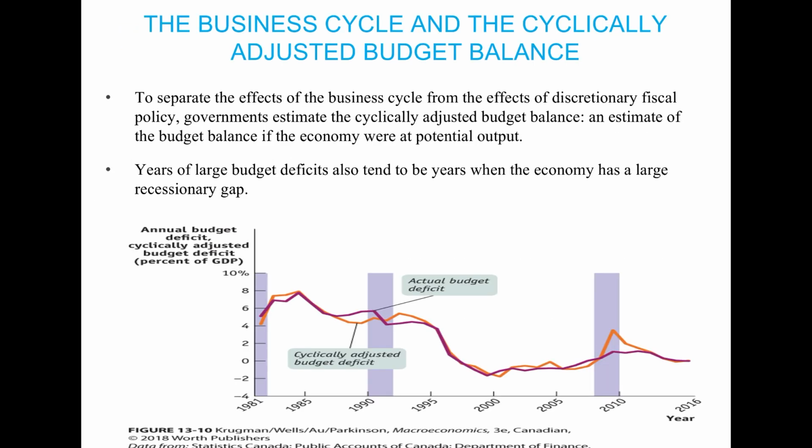Economists also apply this to the actual budget deficit of the Canadian economy over this period, and these purple lines are periods of recession. To separate the effect of the business cycle from the effect of discretionary fiscal policy, the government estimates the cyclical budget balance, an estimate of the budget balance if the economy were at its potential output.